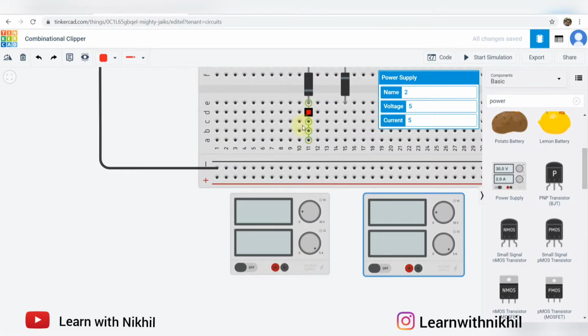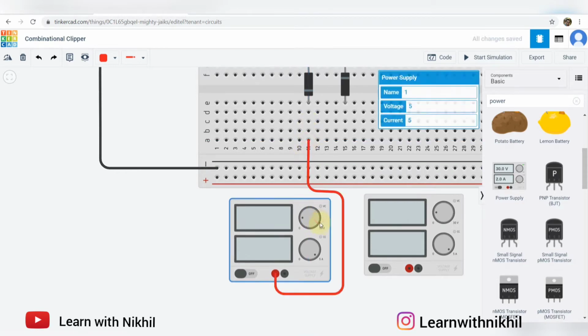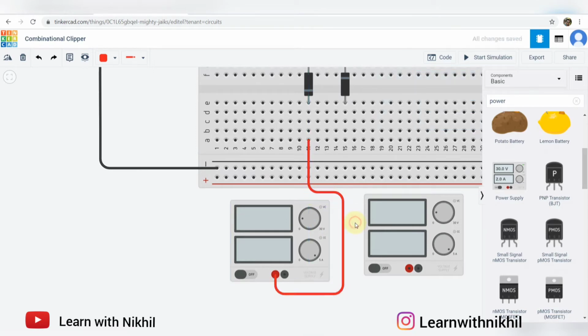It is attached to this negative terminal. And this negative terminal is attached to the ground.